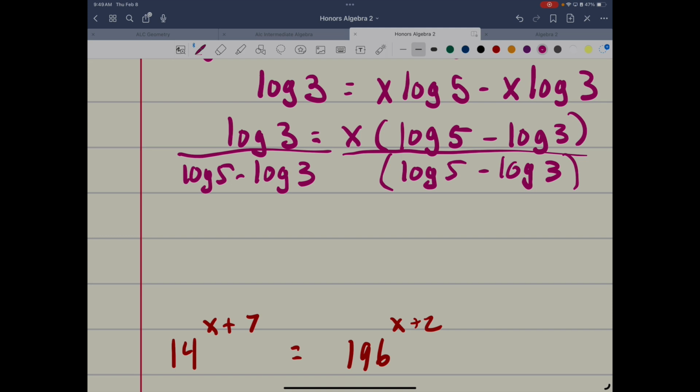On the right-hand side, log of 5 minus log of 3 divided by log of 5 minus log of 3 just goes away, so we're left with x. Can you find log of 3 and log of 5 on your calculator? Yep.